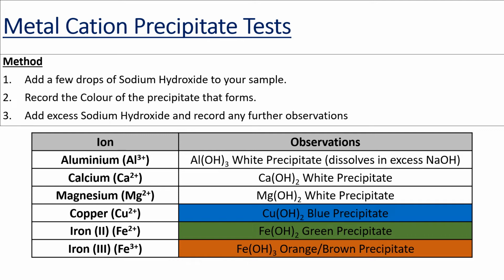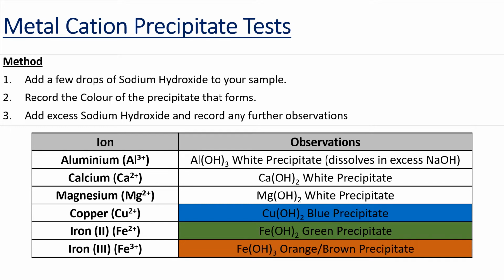So different charged ions form different compounds and have different colors. So iron 2+ would form a green precipitate, whereas iron 3+ forms an orange-brown precipitate, much like the color of rust. So if it's not a transition metal, it's going to form a white precipitate. Copper is blue, iron 2+ is green, iron 3+ is orangey brown. You just have to learn and remember these.